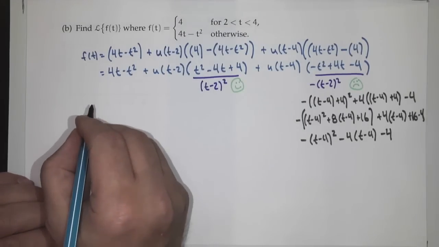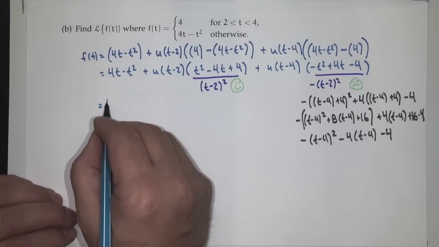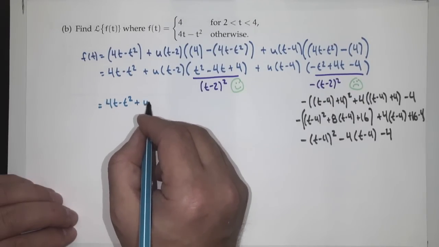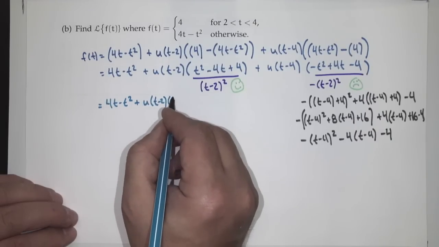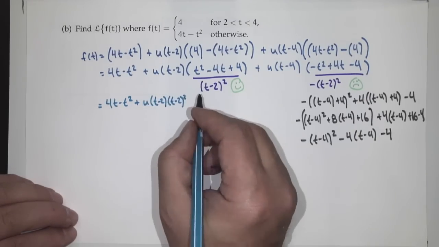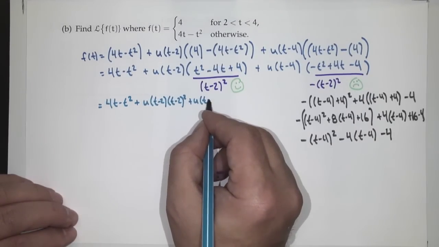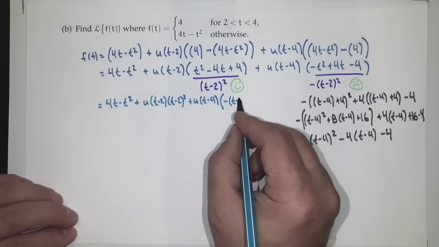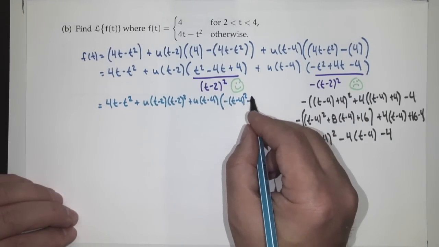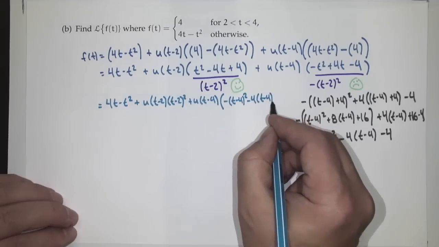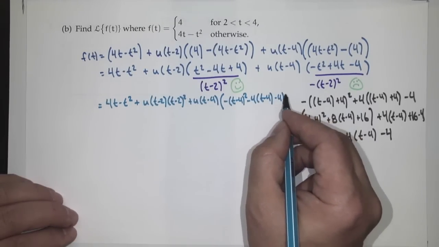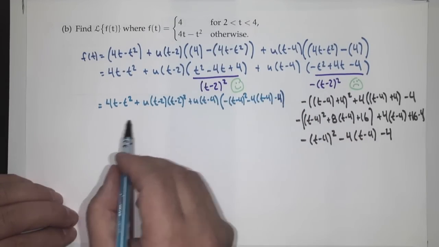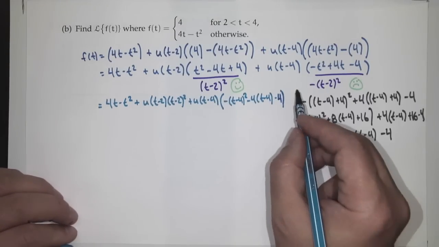We have that our function is 4t minus t squared u of t minus 2, times t minus 2 squared u of t minus 4, times minus t minus 4 squared, subtract 4 times t minus 4, subtract 4. All right. So that's our function.